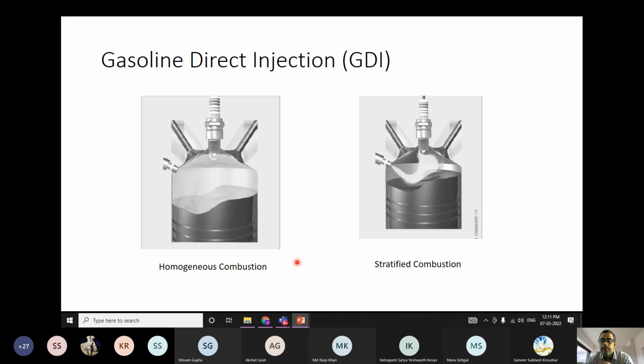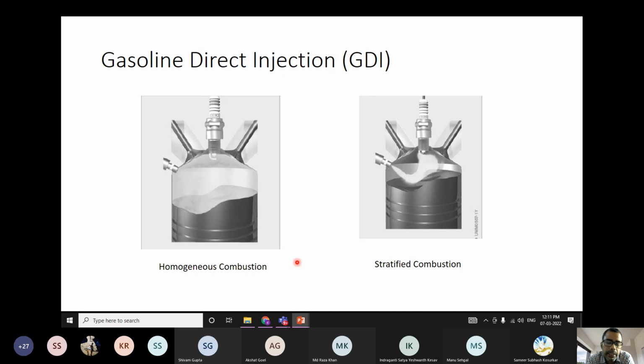Let us start going into a little more detail in the gasoline direct injection system. We will come across two terminologies: one is called homogeneous combustion and another is called stratified combustion. Or we can say that GDI technology has two modes of combustion.